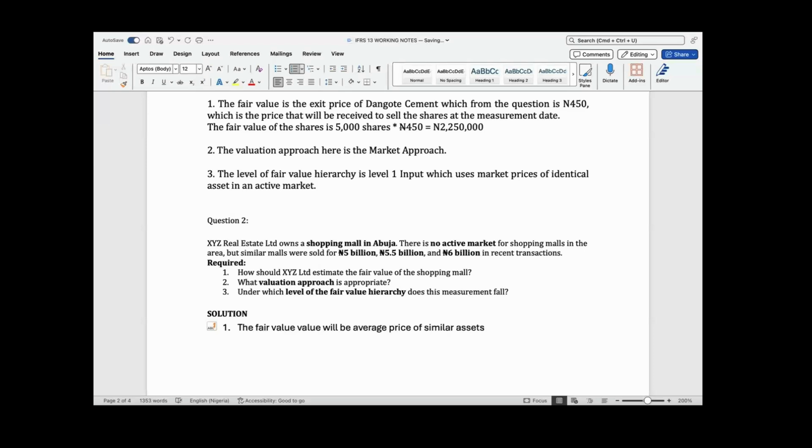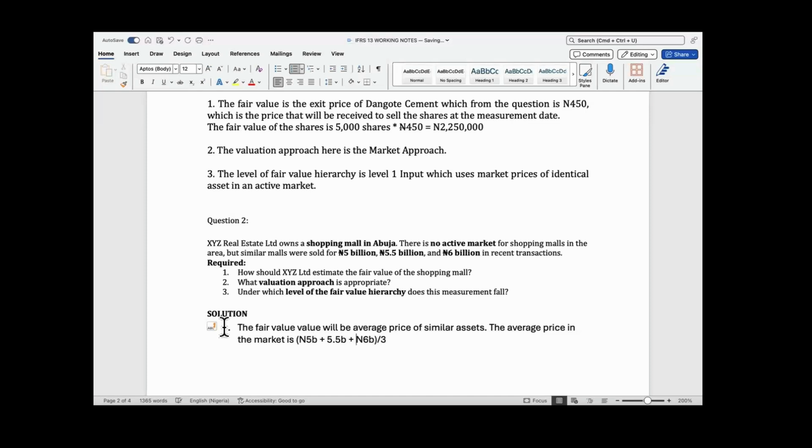And the average price in the market is 5 billion plus 5.5 billion plus 6 billion, divided by 3.